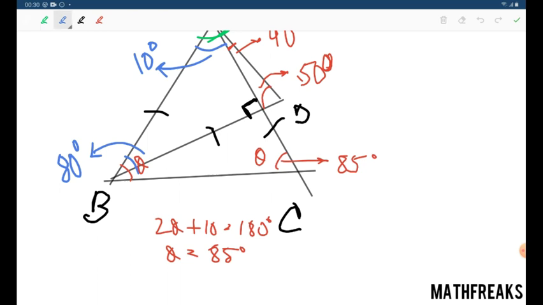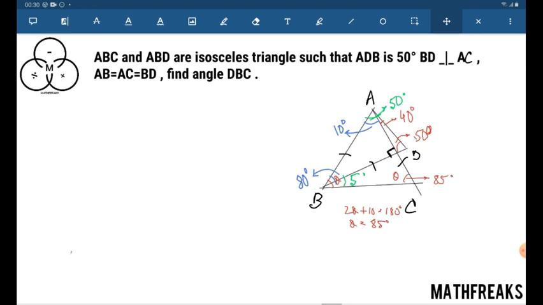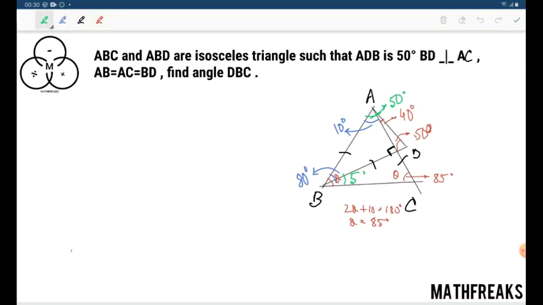And this blue angle is 80 degrees. The total is 85 degrees, so this part is 5 degrees, which is the required angle DBC. Answer is 5 degrees.